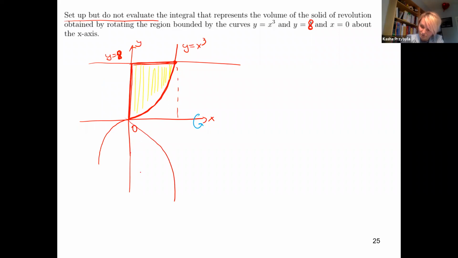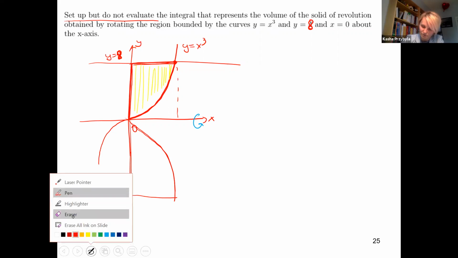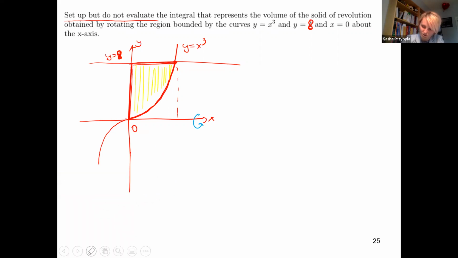It will be like a reflection. I don't want to mess up. This is of course negative 8, and that will be the shape.